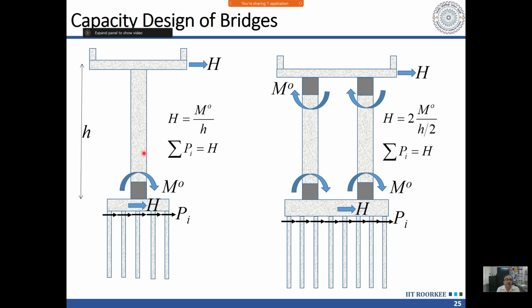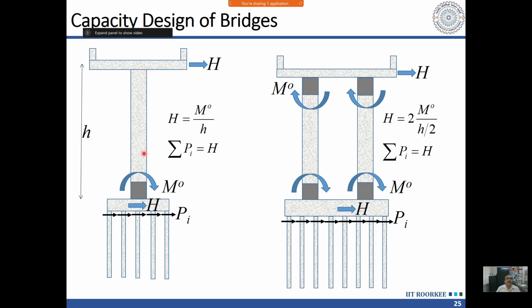So it has to be stronger in shear than the corresponding force in the moment. So we first calculate the provided moment capacity, then the shear which will be generated in my pier corresponding to that, and I should design my pier for that capacity shear obtained from the overstrength moment, and the reinforcement I provide should be enough for that.